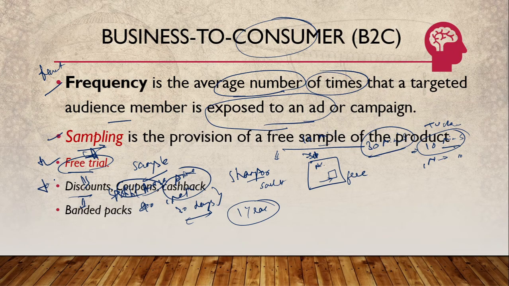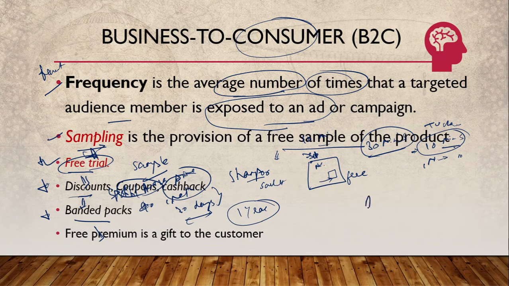Next is the bundled packs. Bundled packs is basically where two businesses are there. Let's say Airtel has tied up with Apple iPhone. So in India, if you see Apple iPhone, they will advertise and tell you to purchase an Airtel SIM, or the Airtel ad will say that they are providing high speed on Apple iPhones.